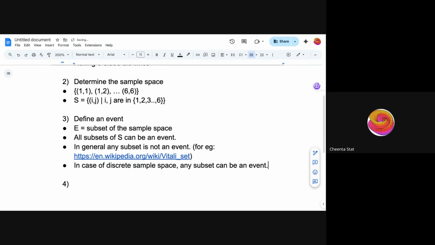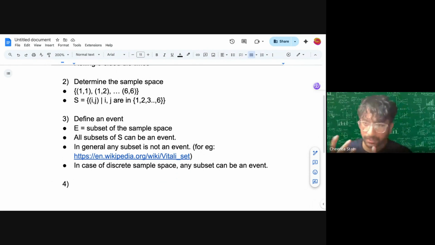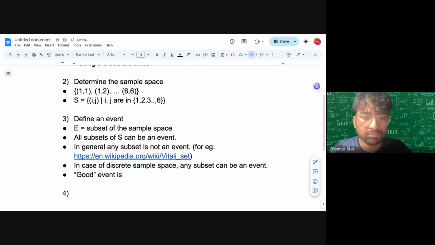We say something is an event when we can assign probabilities to it. A good event is something to which we can assign a probability. Okay, next question.